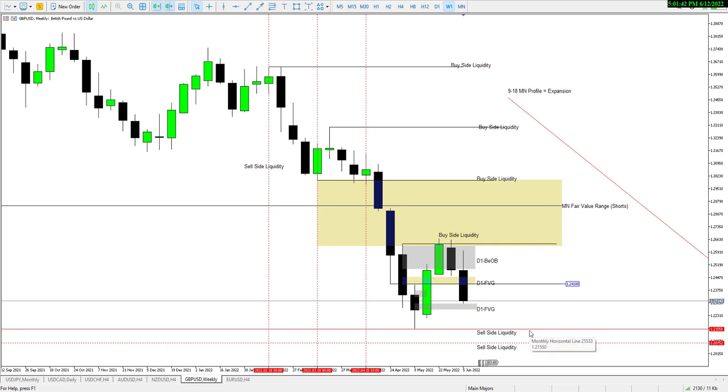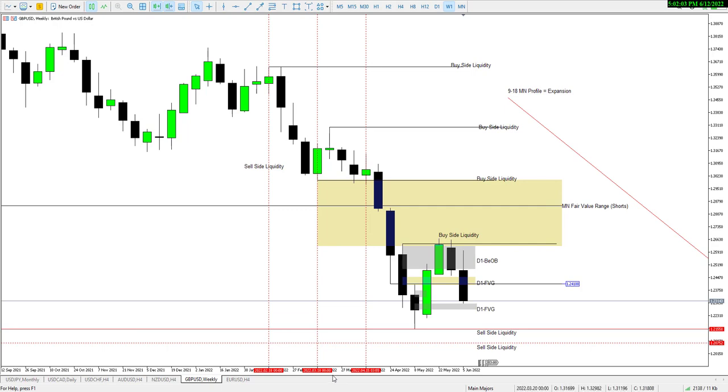Then we get the Bank of England on Thursday, which will probably be used as a catalyst to run the stops below 1.2155, and then maybe price will push to the upside, where there'll be a fair value gap on the weekly chart.